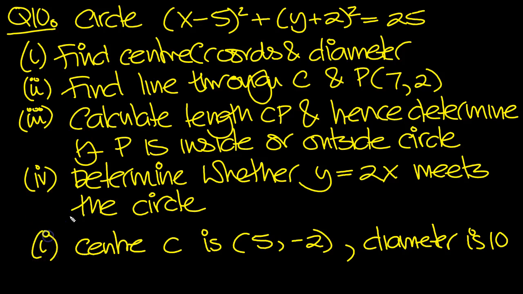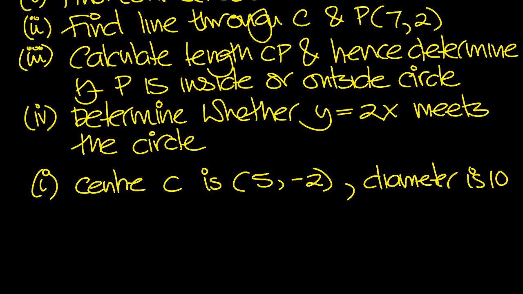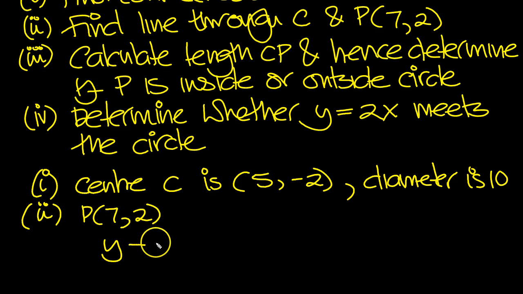Okay, part 2. Find the line through C and P. C is (5, −2), P is (7, 2). So y − 2, let's take it through P, is equal to the gradient times (x − 7).